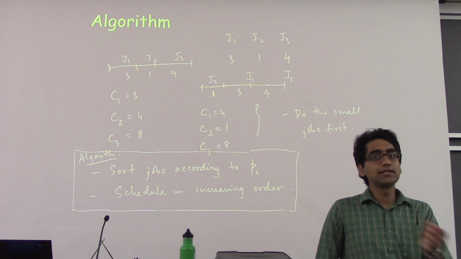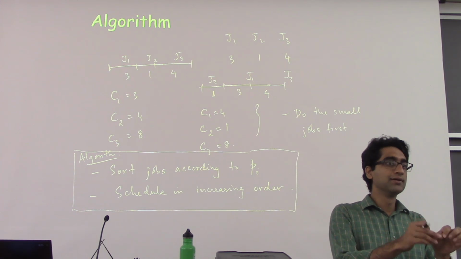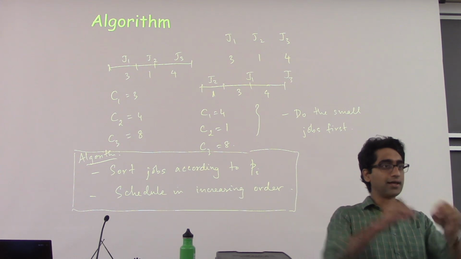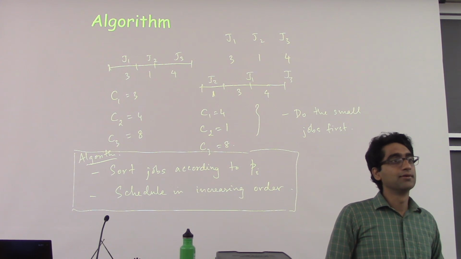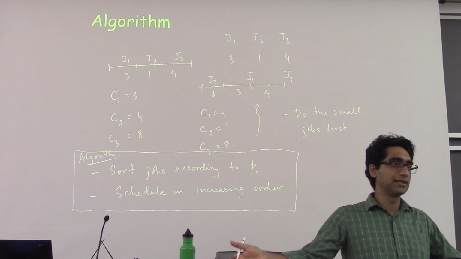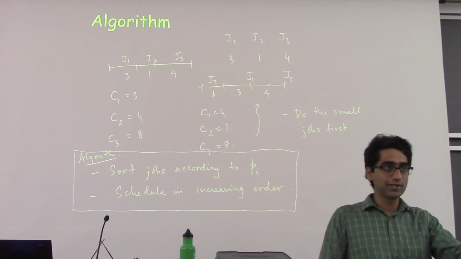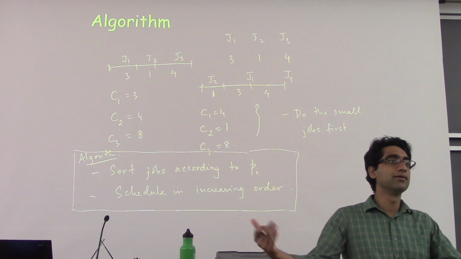One way to view this as an incremental thing is to say that I do the smallest job first. Then I look at the leftover jobs, I solve the smallest of those and so on. I'm just saying one way to think about this sorting is to say I'll do the smallest job first, then I'll do the next smallest among the remaining and so on.